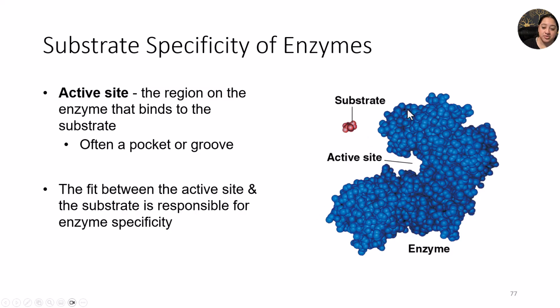Proteins are made of a bunch of amino acids put together and folded together multiple times. So this folds into a very specific shape. And so the active site has a very specific shape that only recognizes that substrate. It'll often be in a pocket or a groove. The fit between the active site and the substrate is responsible for how specific an enzyme is. It'll only work on this.